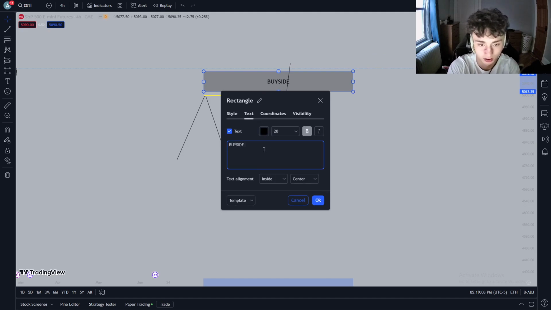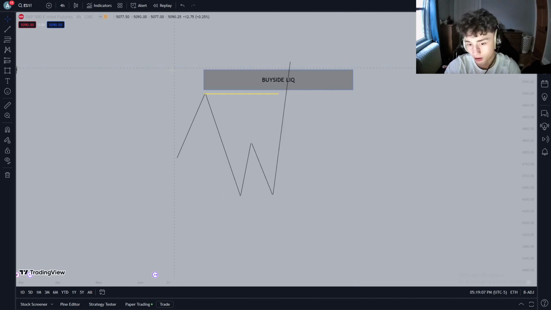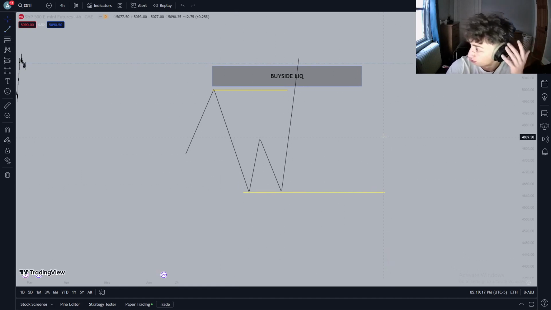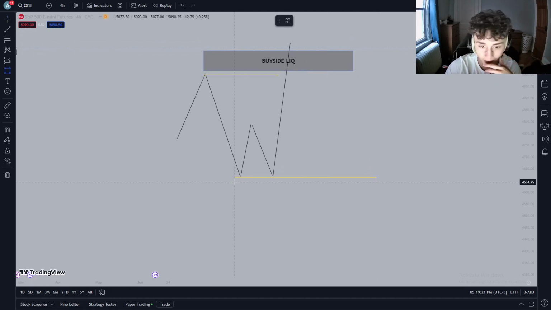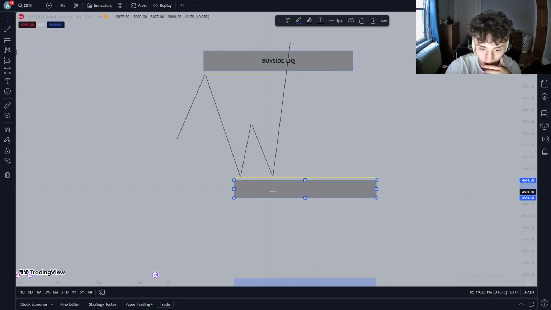Here's some buy side. And now that it's swept out this buy side liquidity, it never swept out these equal lows. So it's common sense. I mean, what can you anticipate happening? There's equal lows that were never swept.